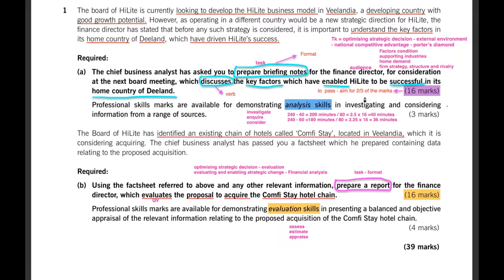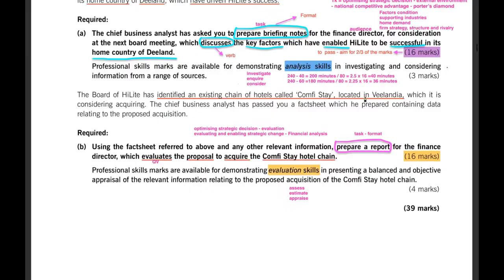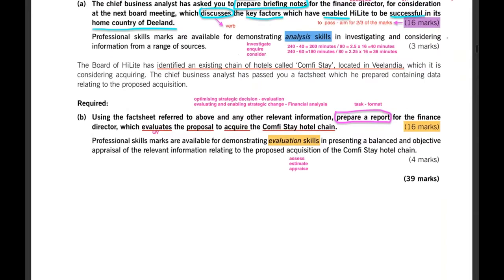Similarly here, also 2/3. So basically about 10 to 11 marks would be good enough for you to pass.